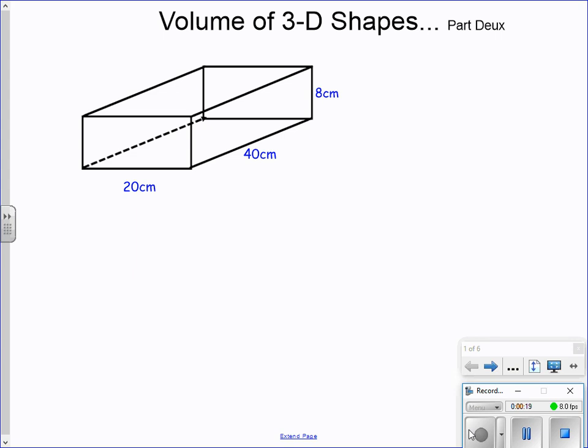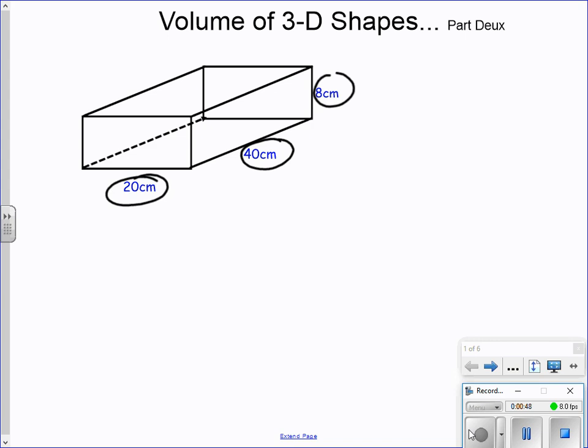Just in case you missed it, you were asleep, or you've forgotten over the course of 24 hours, we started last lesson working on finding the volume inside of a shape. How much can we fit inside of a three-dimensional shape? It's a pretty simple concept. You can multiply the length by the width and by the depth of the shape to find the volume of anything.